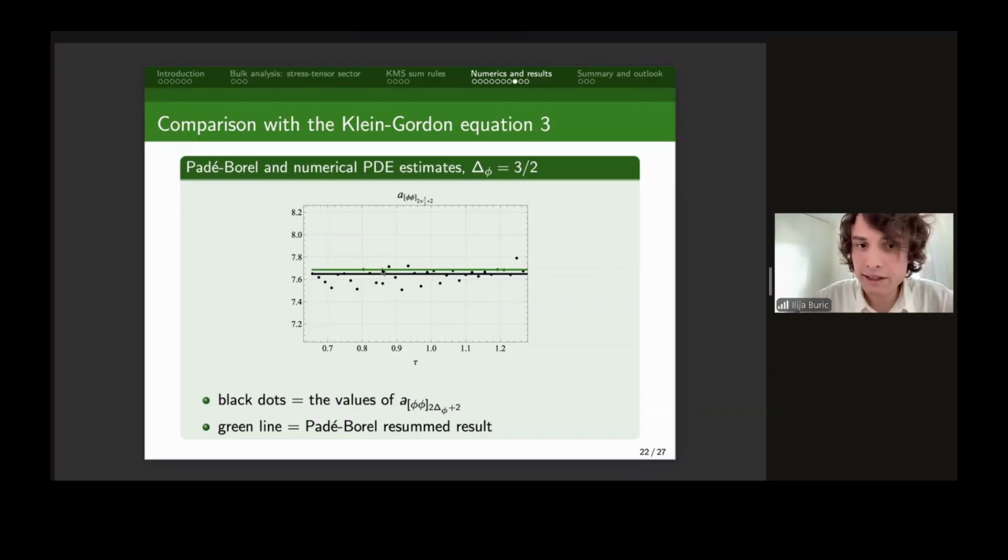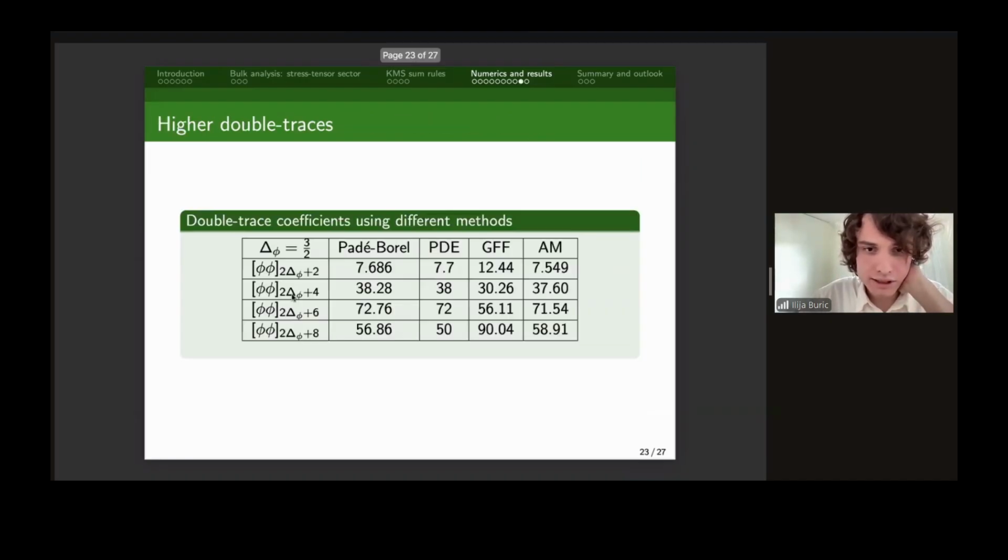And this green line is the Pade-Borel value, which is independently determined. You see that they're relatively close to one another. In this table, we put the numbers for various coefficients obtained by this method. These first two columns show the Pade-Borel value and then the numerical Klein-Gordon value, and they are quite close.